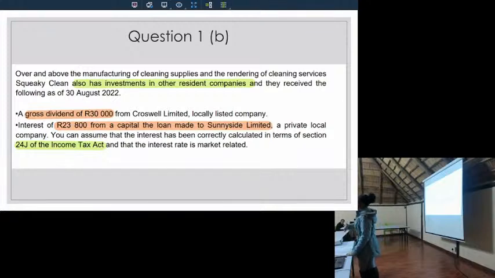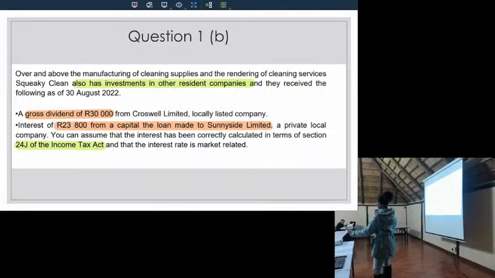So the question in class, does section 10(1)(k) exemption account for dividends that are local and foreign? The answer is no. Special inclusion in terms of paragraph K of the gross income includes both. When we're now dealing with exemptions, we need to determine whether it's from the Republic or from a foreign company.